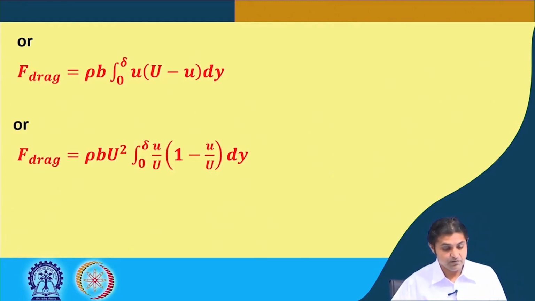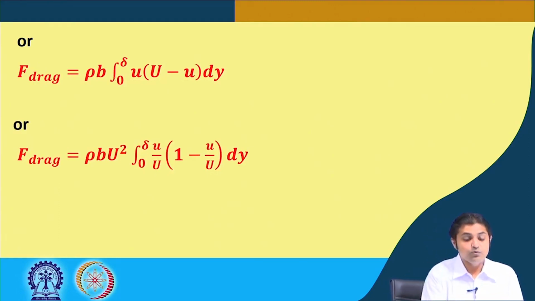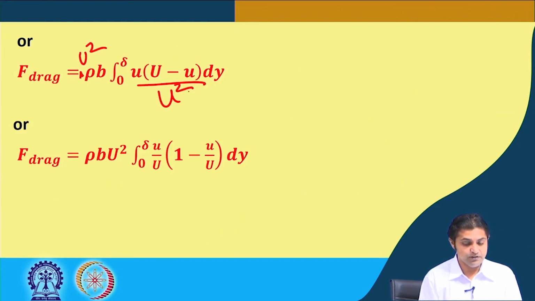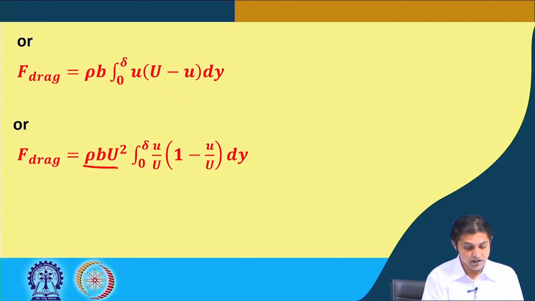Simply, in other words, if you multiply and divide by capital U square, then you get rho b U square integral of small u by capital U into 1 minus small u by capital U dy.